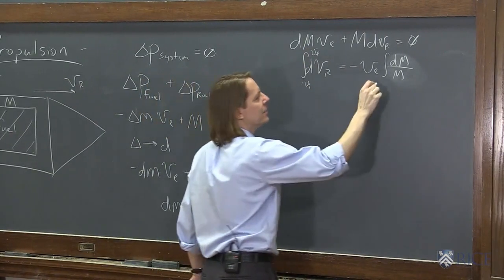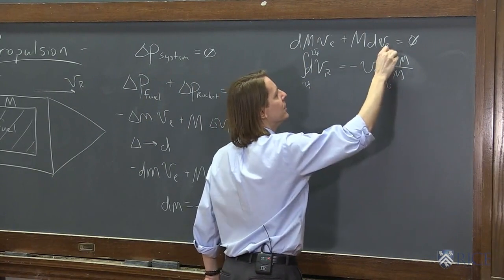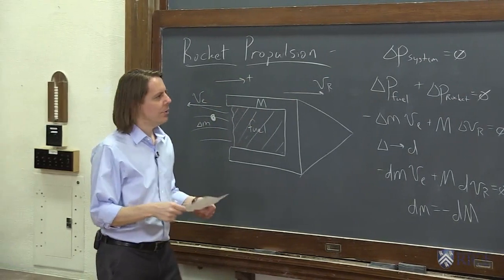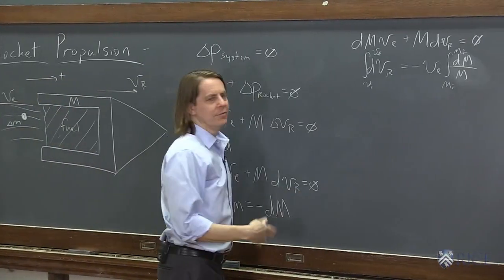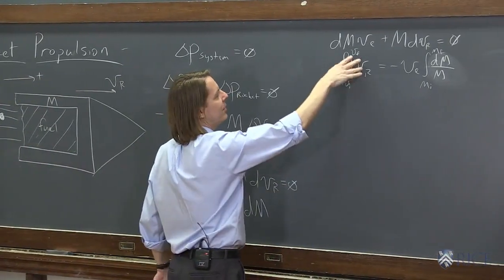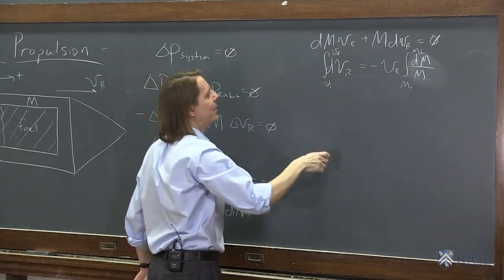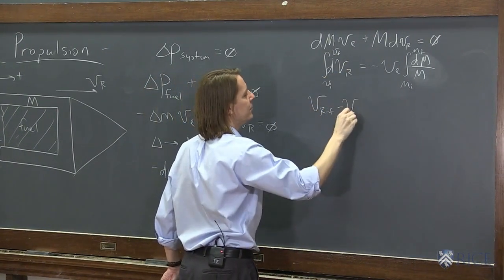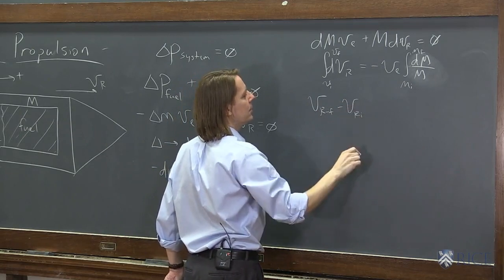And the mass is going to go from some initial mass to some final mass, some change in mass. All right, so the integral of dVr is just Vr. So we apply that: the final rocket velocity minus the initial rocket velocity, R final minus R initial.